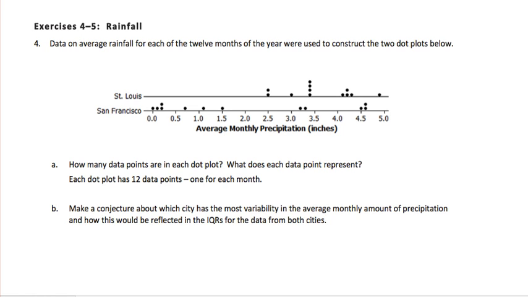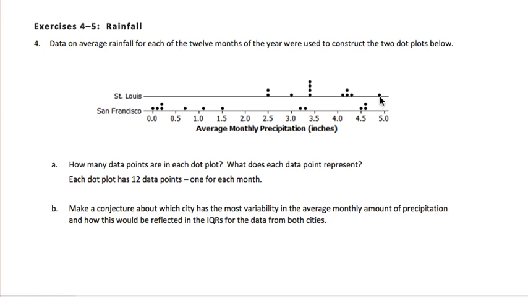Then we'll make a conjecture, which is an educated guess about which city has the most variability in the average monthly amount of precipitation, and how this would be reflected in the interquartile ranges for the data from both cities. So it would appear that San Francisco has the most variability since its data is spread from 0 to a little over 4.5 inches per month, whereas St. Louis ranges from 2.5 to 5.